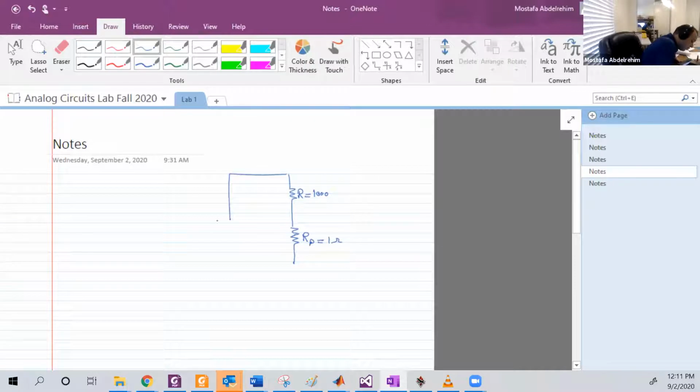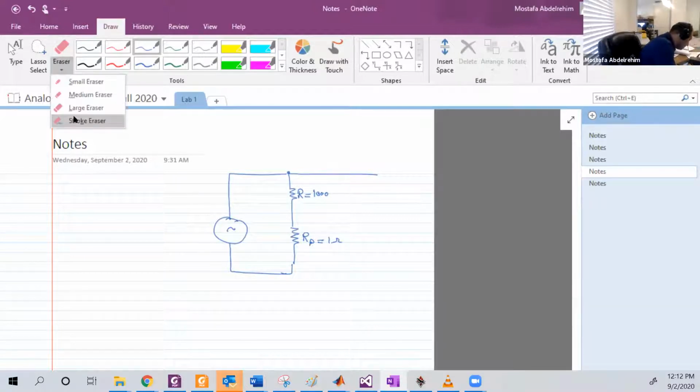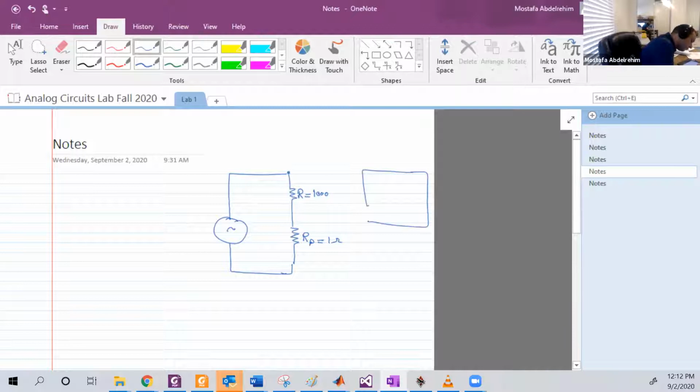And you have here your sine wave generator. And the oscilloscope will be connected. Let's draw it first. So we have here our oscilloscope, A and B, positive, negative, positive, negative.